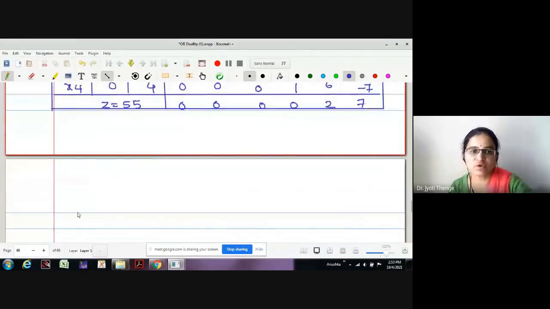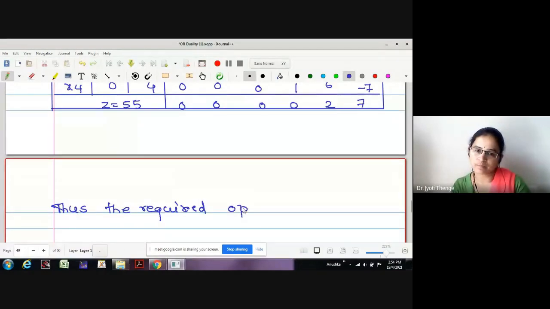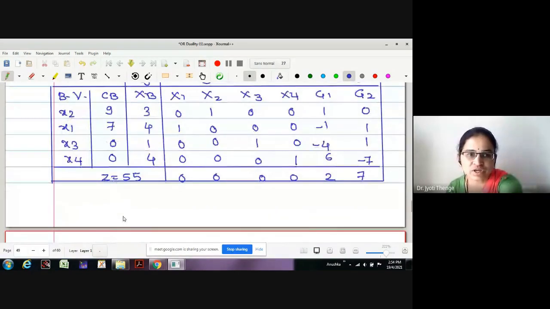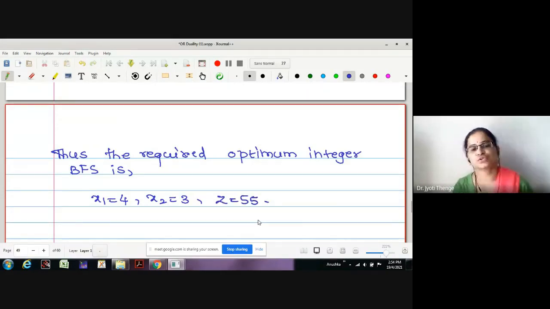Thus, the required optimum integer basic feasible solution is x1 is 4, x2 is 3, with z equal to 55, and hence this is the solution.